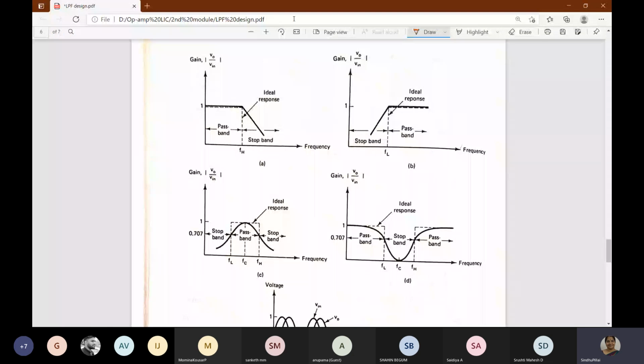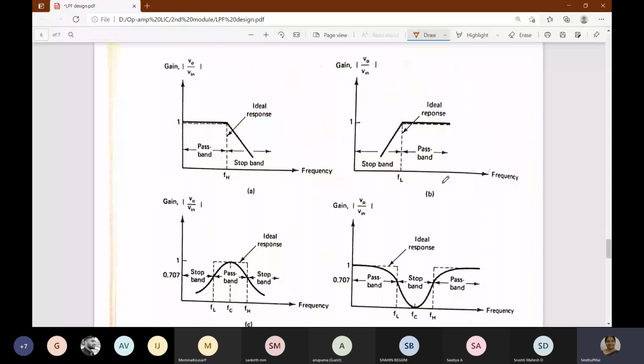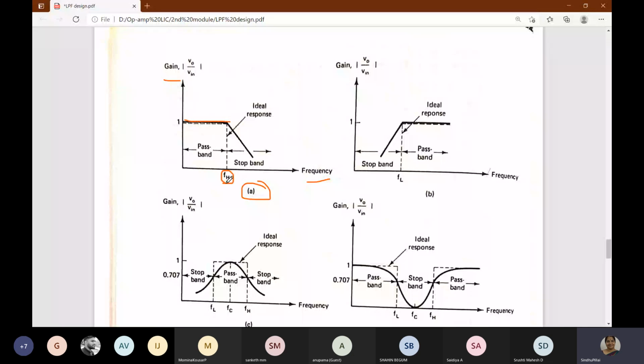Here on the y axis we have gain and on the x axis we have frequency. So it is gain versus frequency, and you can see the characteristic here. The gain is constant till FH. This is the cutoff frequency FH, or higher cutoff frequency.